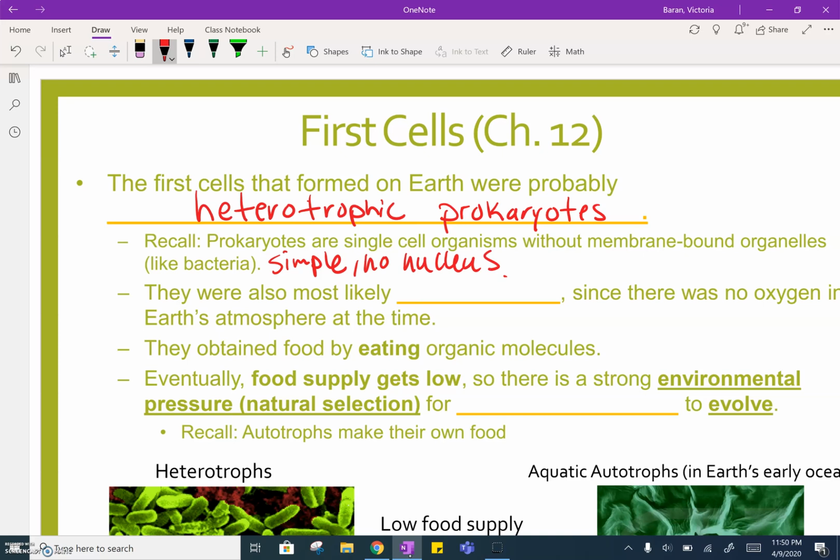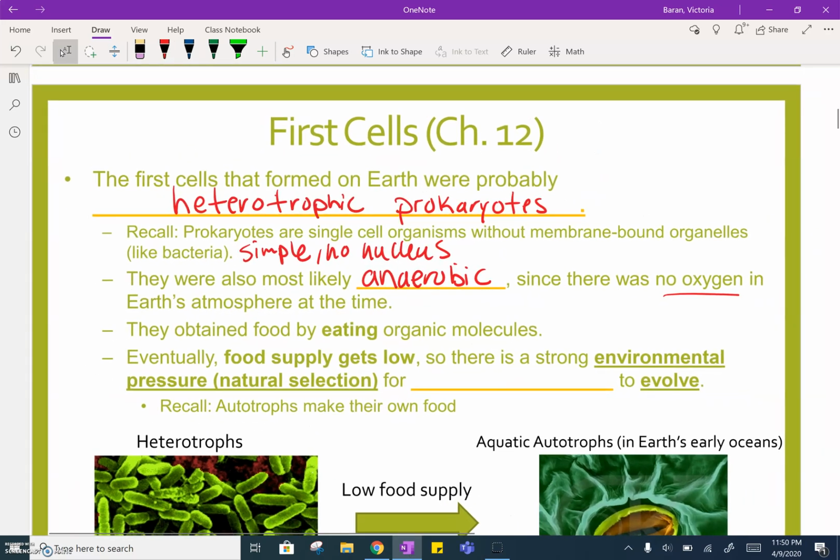Now, these cells were most likely some type of bacteria that were anaerobic, because at this point in time in Earth's history, there is no atmosphere, there is no oxygen. And again, as I said, they are heterotrophic, meaning they have to obtain their food, and specifically they get that from organic molecules.